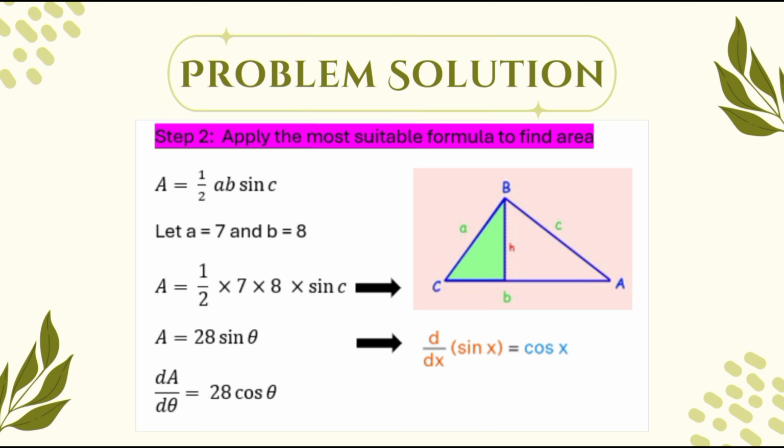So, we will get the equation A equals 28 sin theta. Next, we will differentiate the equation. Here, 28 is a constant, so we just have to differentiate sin theta to cos theta as shown in the formula. Then, we will get the equation dA over d theta equals 28 cos theta.